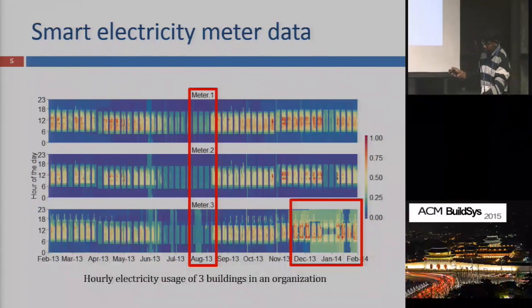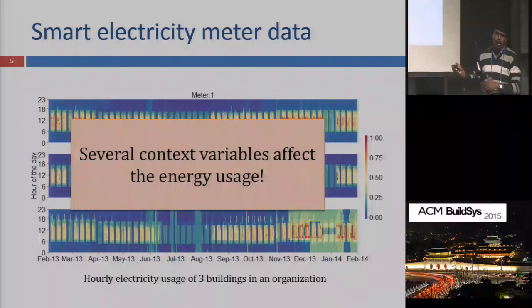The point here is that energy usage is impacted by several context variables like occupancy, seasonal patterns, rare events, and so on. If you want to do anomaly detection, this context information is really useful to locate very specific anomalous usage in a fine-grained way. But collecting all that context information is very non-trivial.